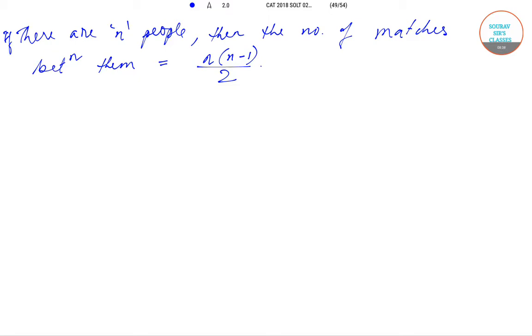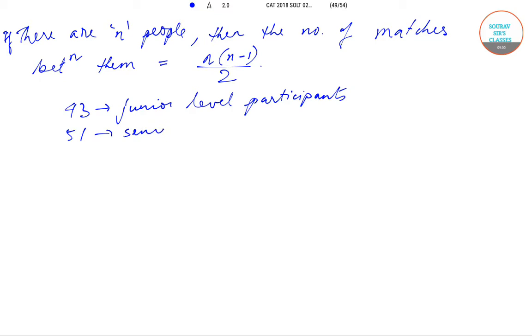Now, so we have basically 43 junior level participants. Okay, and then we have 51 senior level participants.